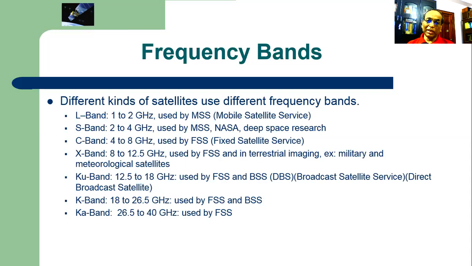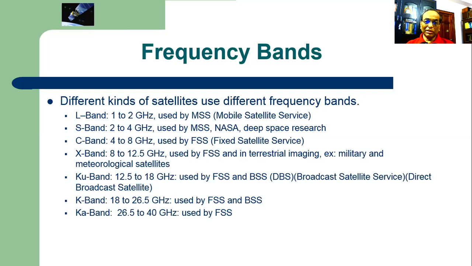Direct broadcast satellite, DBS, is using the higher part of the Ku band, from 14 gigahertz to 18 gigahertz. K band is quite a high frequency, 18 to 26.5 gigahertz, used by FSS, again fixed satellite service, and BSS, broadcast satellite service.